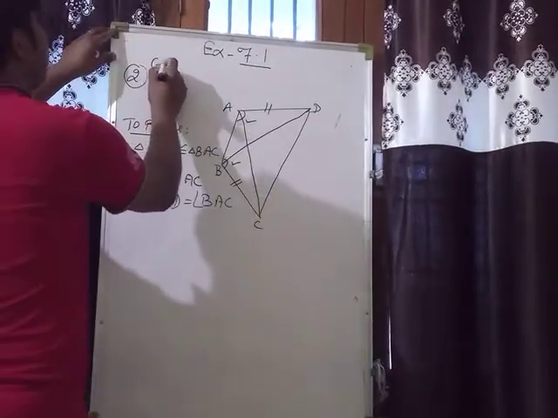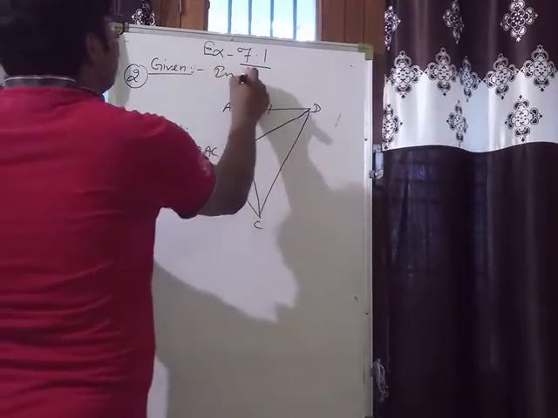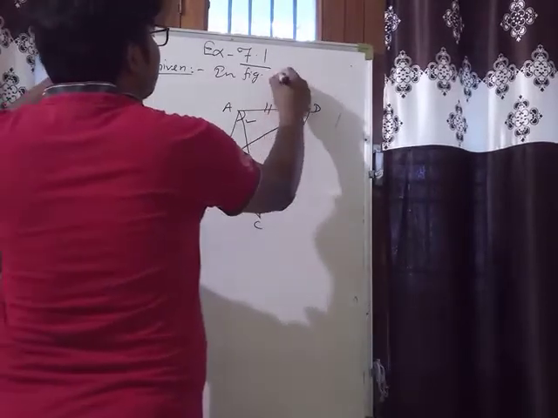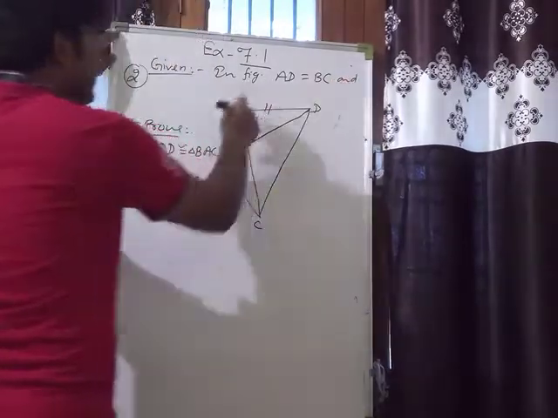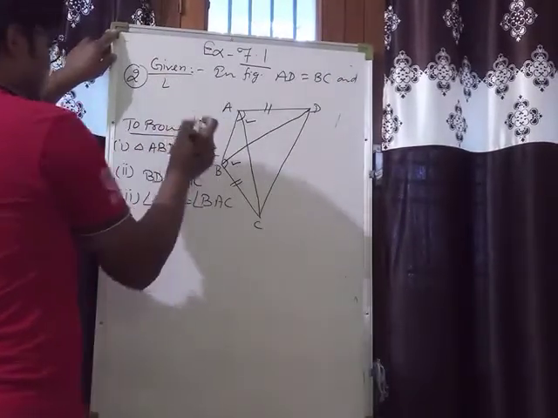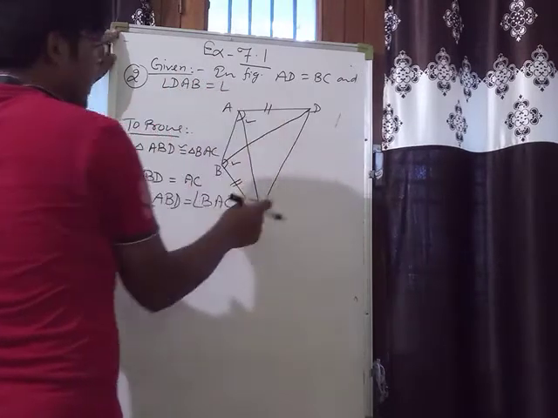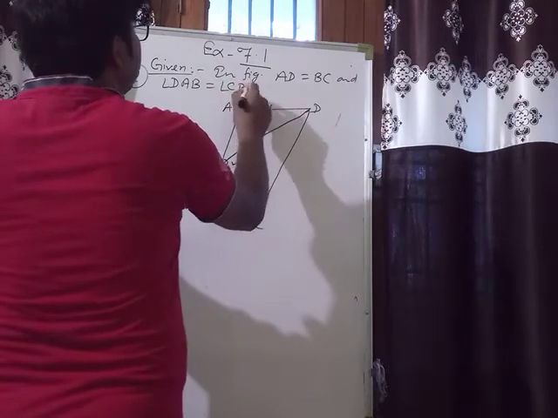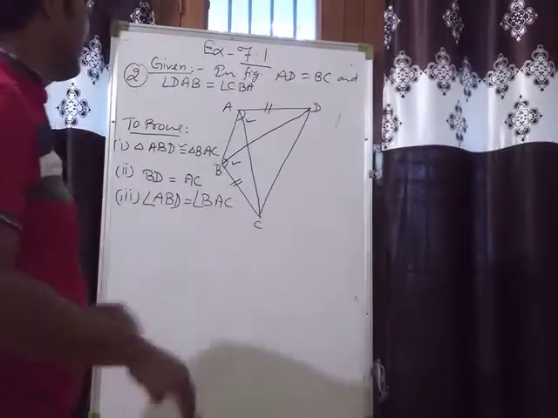What is given here? In the figure, it is given that AD is equal to BC, and angle DAB is equal to angle CBA. We have to prove this.